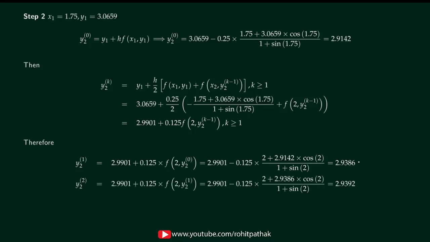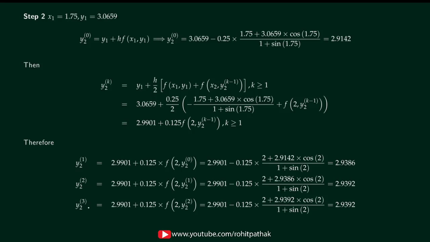Again using the same formula we get a better approximation to y2, which is y22, and here we replace y20 by y21 and keep all others as they are. So we get 2.9392 as the better approximation to y2. Again using the same formula, for y23 we get 2.9392, where we replace y21 by y22.